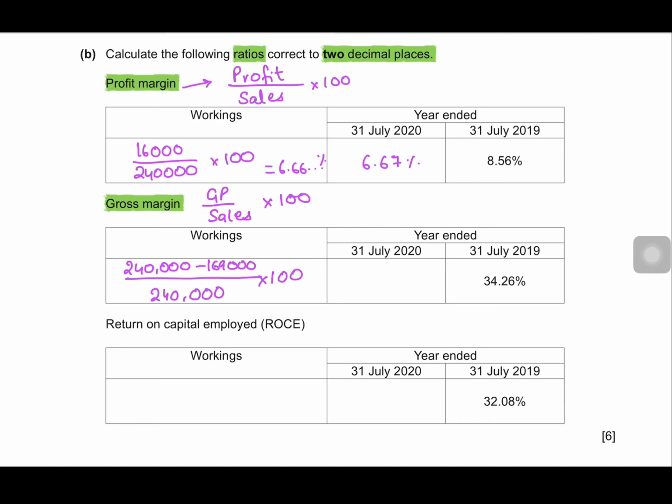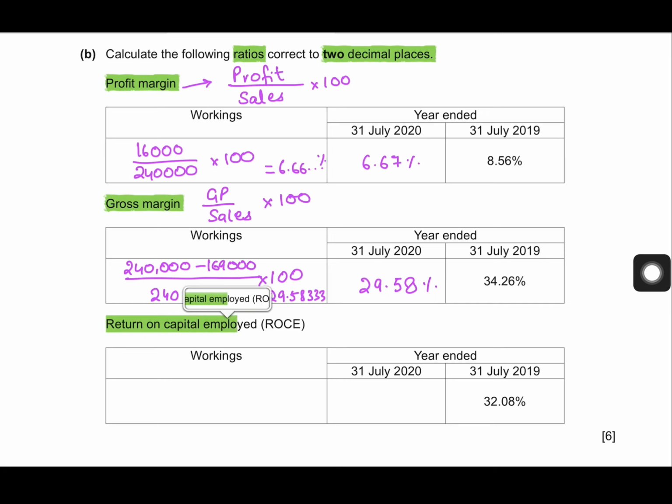So that would be, the answer is 29.583333 and so on, but your final answer will be according to the 2 decimal place rule, so that would be 29.58%, and it has also reduced as compared to last year.